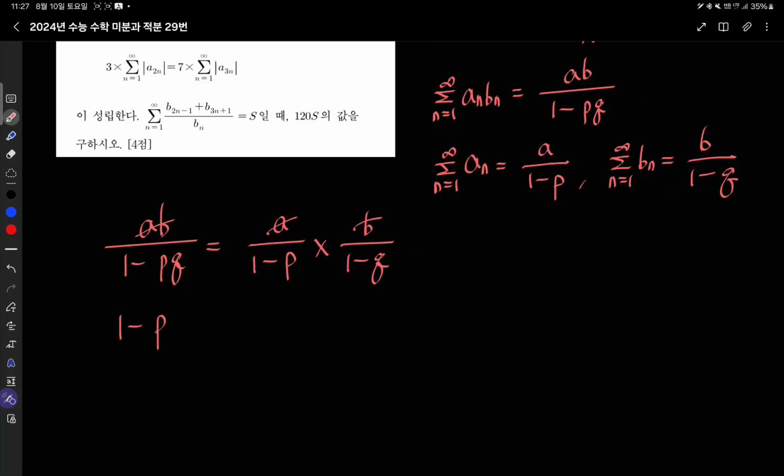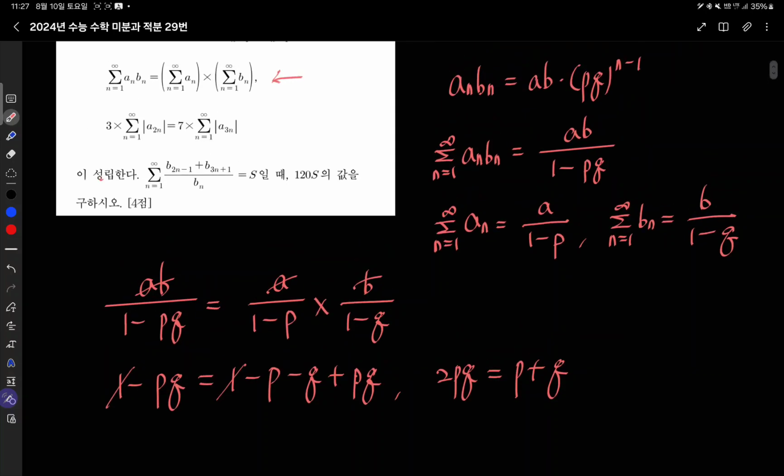So 1 minus PQ is equal to 1 minus P minus Q plus P times Q. So cancel 1 on each side, and that makes 2 times PQ is equal to the sum of P and Q. That's for the first equation.